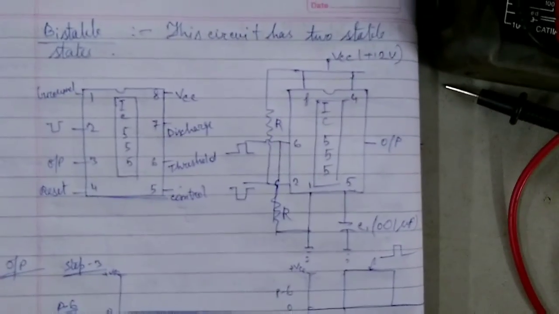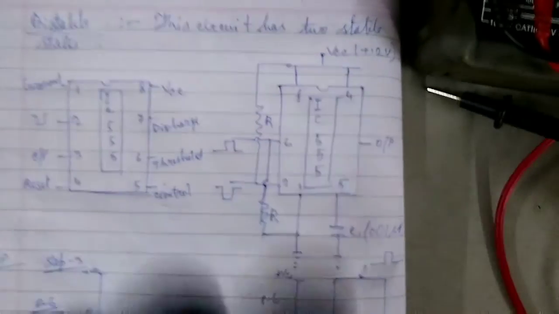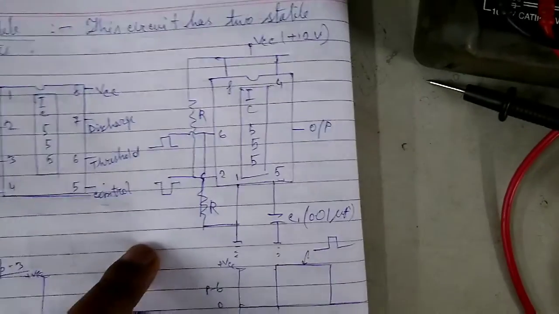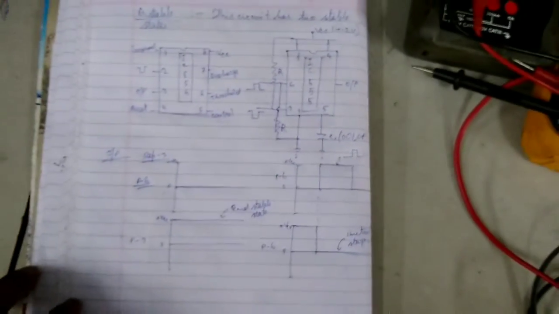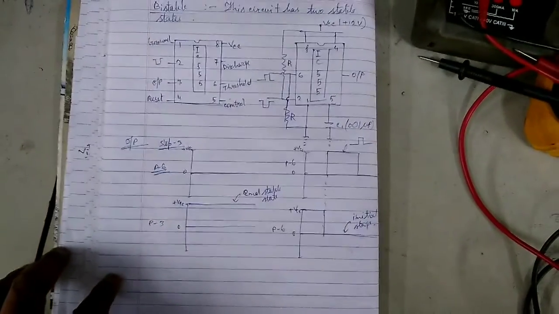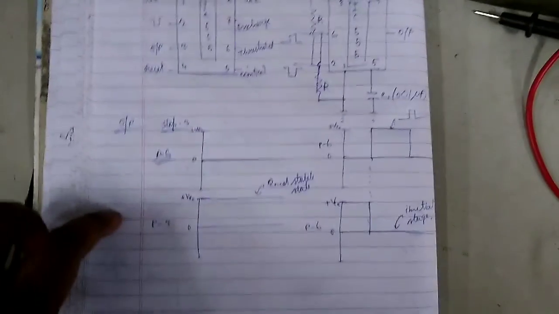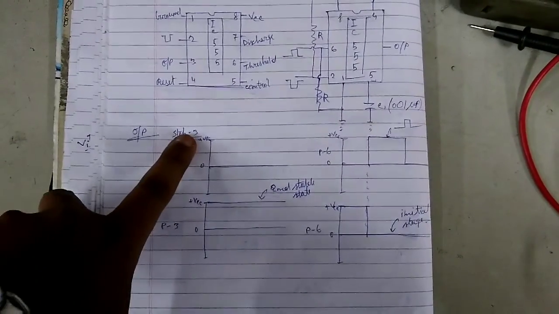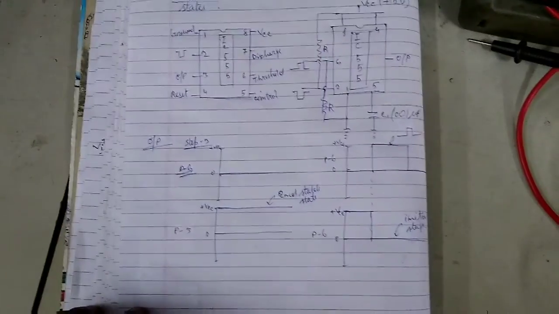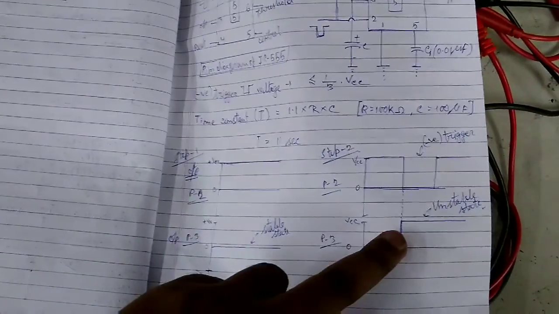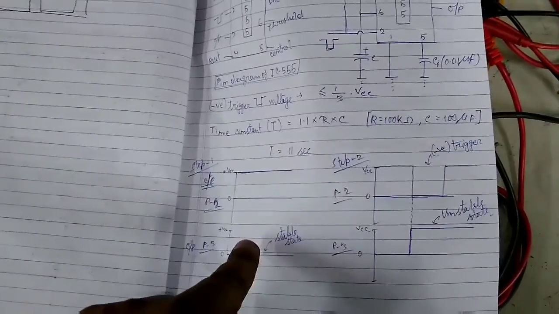This is the output, this is the circuit of the bistable multivibrator, and no calculation is here. No calculation is done for bistable multivibrator, only observation is there. So see, here I have written step 3, and step 1 and step 2 is like monostable multivibrator, that is the negative triggering step.